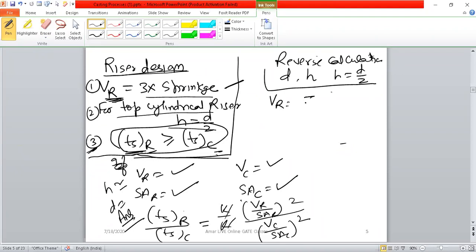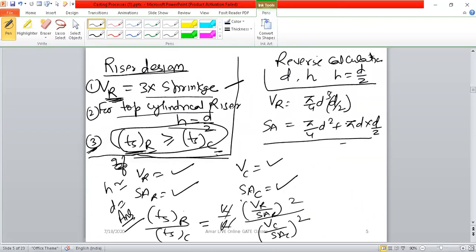Now calculate the volume of the riser. The volume of the riser will be pi by 4 D square into D by 2. Then the surface area of the riser, you will get pi by 4 D square plus pi D into D by 2. So you got everything in D terms.